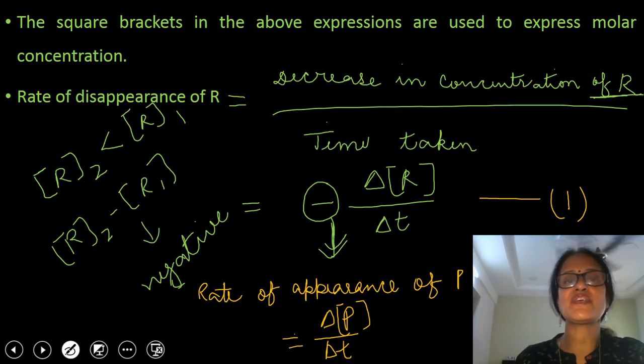So whenever we are expressing the rate of reaction in terms of concentration of products, we don't multiply it with a minus sign. But in case of expressing the rate of reaction in terms of concentration of reactants, we have to multiply this expression with minus 1 in order to get the overall term positive. One more point I would like to mention here: concentration terms are always written in square brackets.